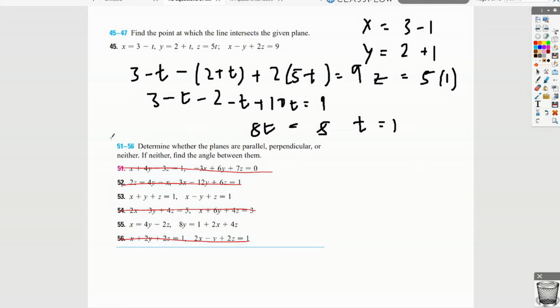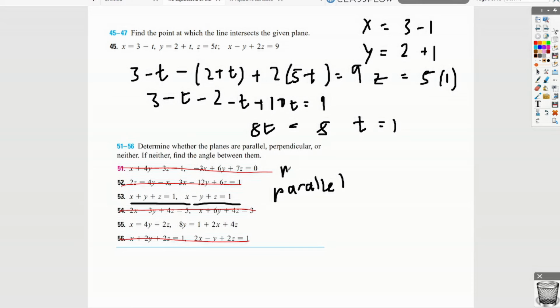So if two planes are x plus y plus z equals 1 and x minus y plus z equals 1, their normal vectors are 1, 1, 1 and 1, negative 1, 1. You can't multiply one of the vectors by any number to get to the next vector. So because of that, they're not parallel.